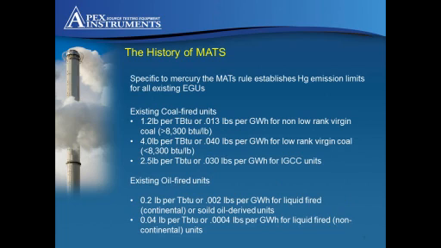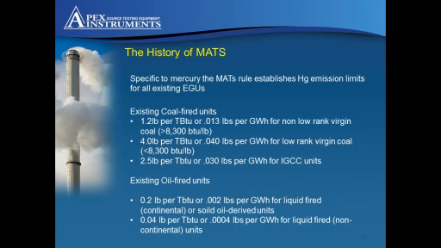There are also different limits whether the facility is continental or non-continental, meaning within the lower 48 states or not. The assumption again for this presentation is that your facility is within the lower 48. I would be happy to share emission levels for the non-continental facilities if anybody does need it.